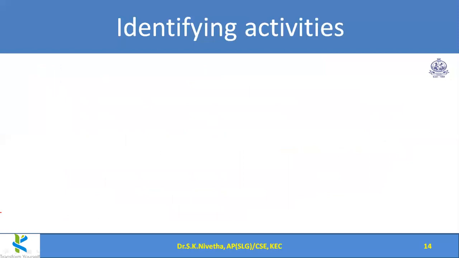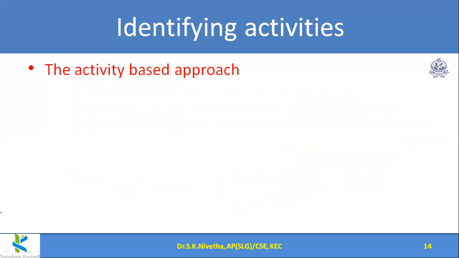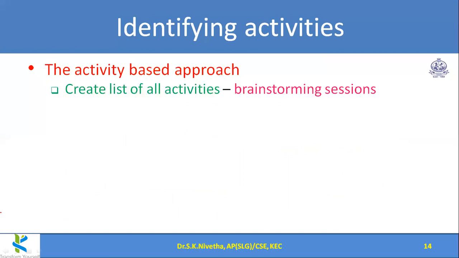Next, how do we identify activities? Either the activity based approach. In the activity based approach, we'll be creating a list of all activities based on the assumptions I told previously. To create this list of all activities, a group of people who are going to develop, or some stakeholders, sit together in a meeting, and they can have brainstorming sessions and discuss.